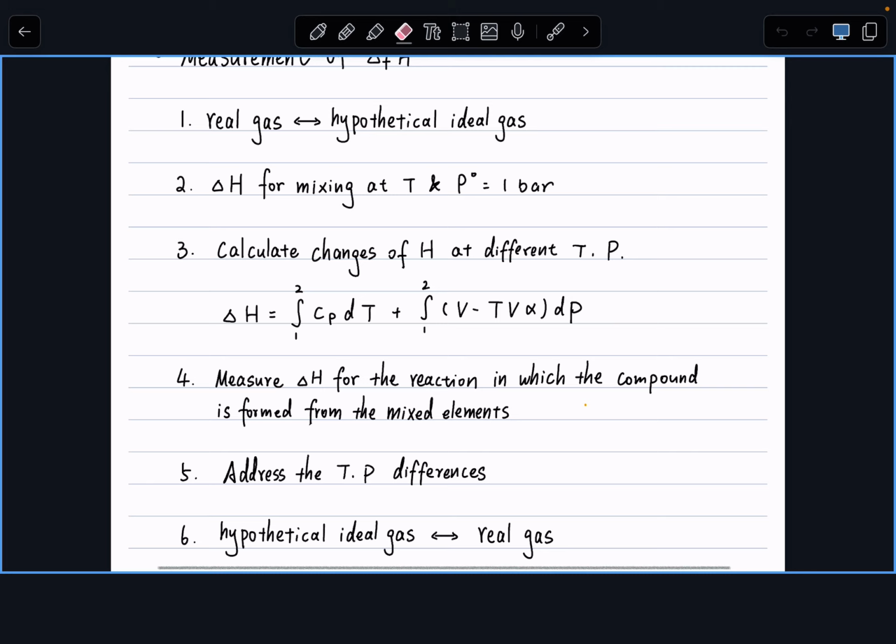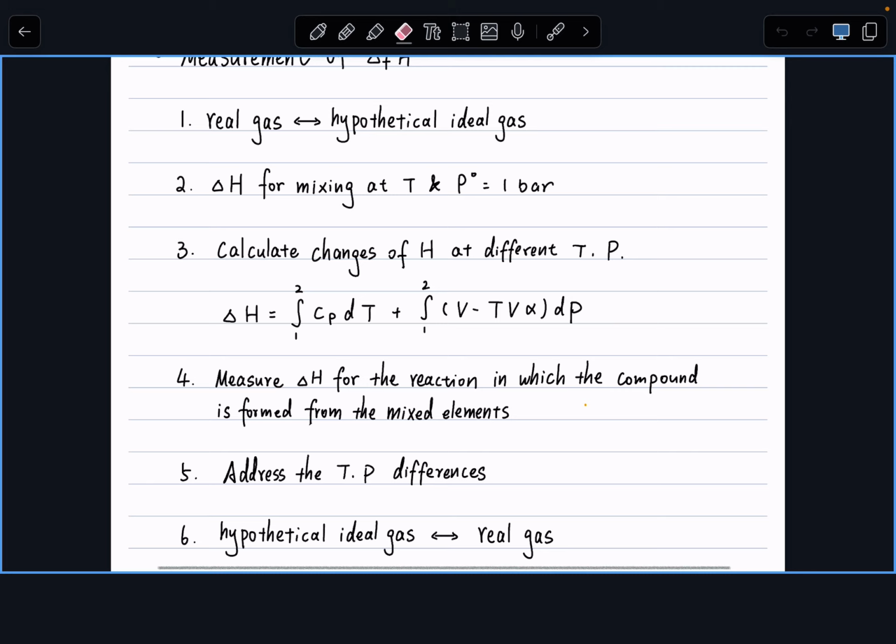So in this case, let's imagine we have a reaction, like say the formation of HCl. One of the obvious things we need to know is that for these two elements, their standard heat of formation equals 0.